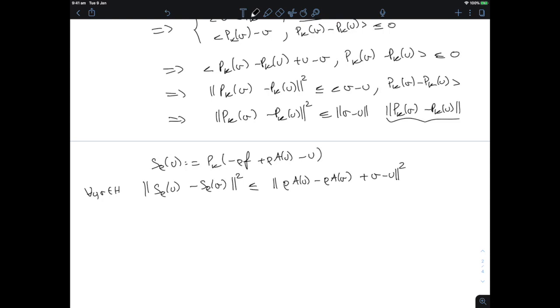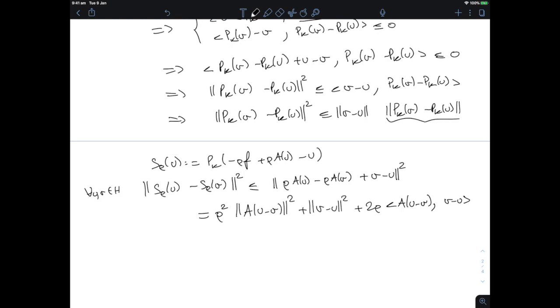Norm of that squared. Now I'm going to use the linearity of the map u goes to A u, which is a consequence of it being defined from the Riesz representation theorem. And I'm going to expand this norm. So that's going to give me rho squared times the norm of A(u − v) squared, plus the norm of v minus u squared, and then the cross product, which is plus 2 rho times the inner product of A(u − v) with v minus u.